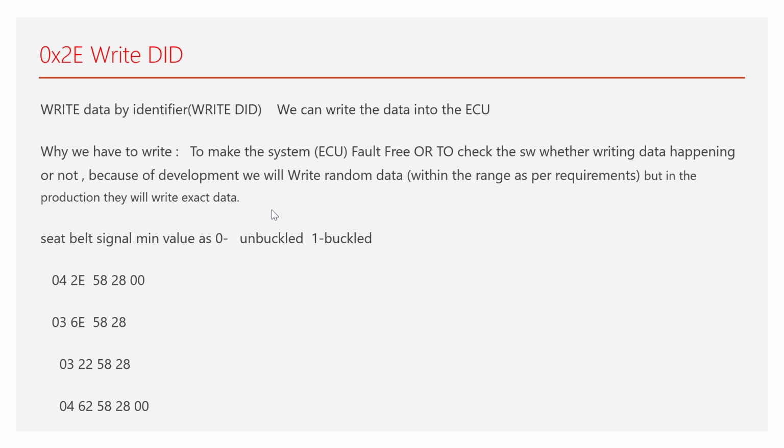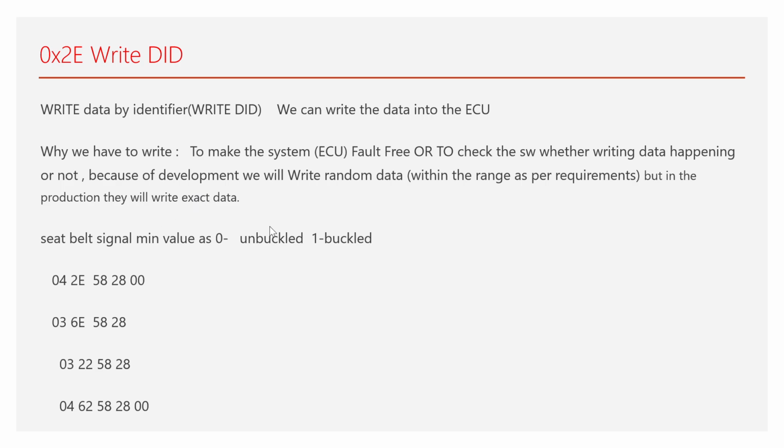When we give the exact data, we have to get the exact output. If we don't get the exact output, we have to raise a bug to the developers, and the developers will again develop the code and send it. So this is the continued process of testing. In the same way, we use this service to write the data to the ECU.